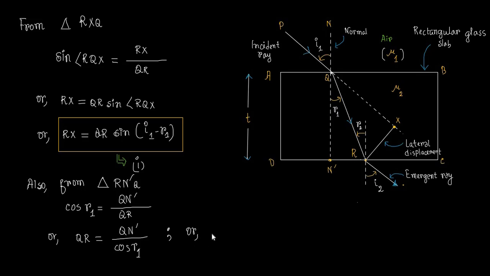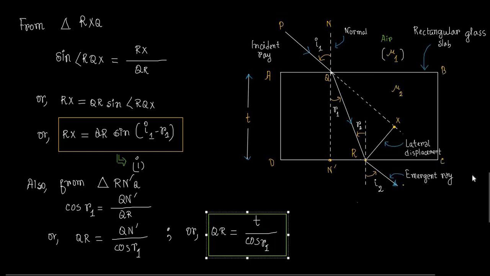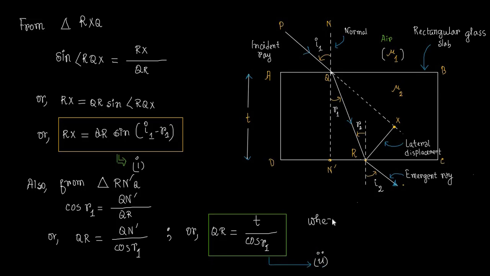Therefore, the hypotenuse QR can be written as T divided by cos R1, which is equation 2, where T is the thickness of the rectangular glass slab, that is T is equal to QN'.